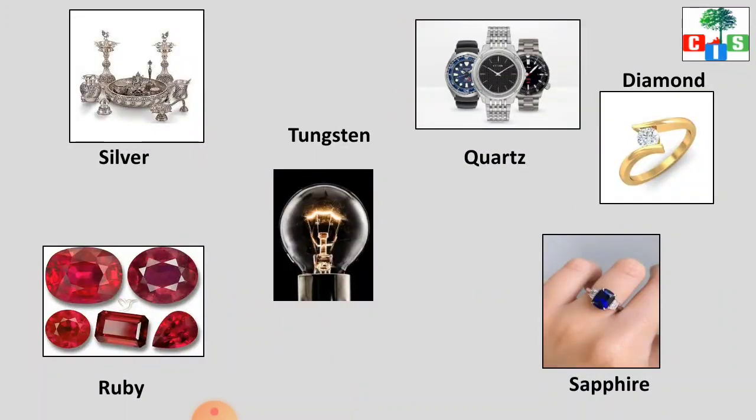Our next mineral is silver, and you can see in the picture some decorative items. Is it? Like gold, silver is also a precious mineral, and it is used in making jewelry, expensive decorative items, cutlery, even in dental and medical equipment. The next mineral is tungsten, and here you can see a picture of a bulb. Why?